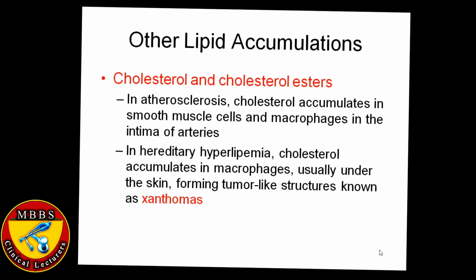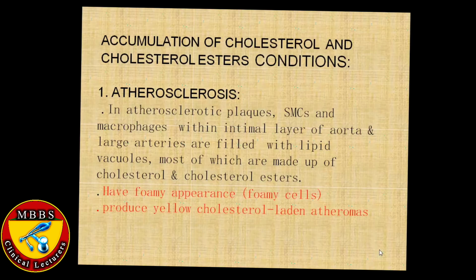In hereditary hyperlipidemia, cholesterol accumulates in macrophages, usually under the skin, forming tumor-like lesions known as xanthoma. In the next slide, I will show you the diagram of how the xanthoma looks.